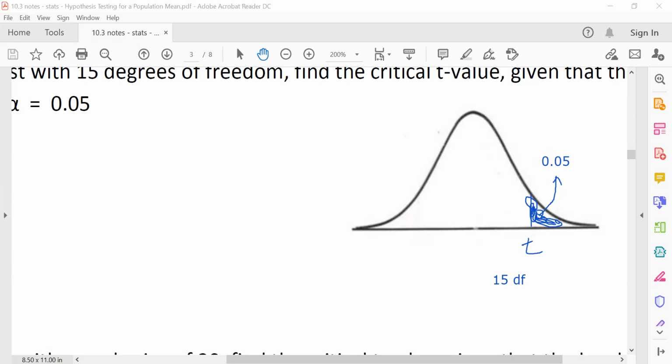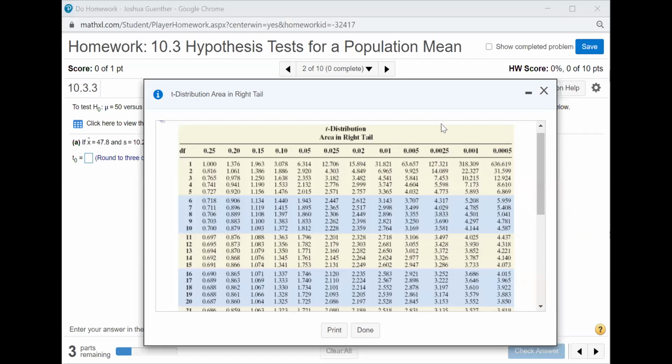So if we come here and look at this chart, it tells us the area in the right tail. We want to look at 0.05, so we want to look at this column. We want the area in the right tail to be 0.05, so we are limited to what levels of significance we can choose. We can't choose a level of significance of 0.9 because 0.9 is not on this chart. So we are limited, but that's okay.